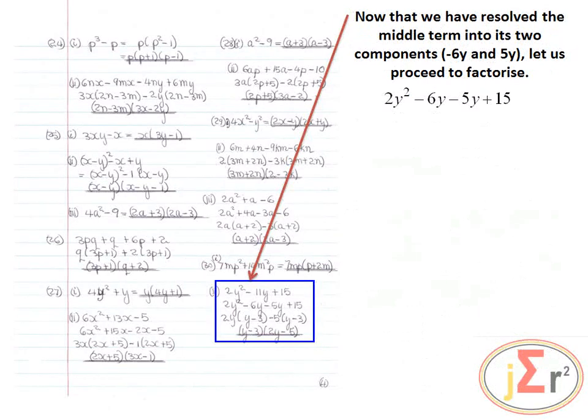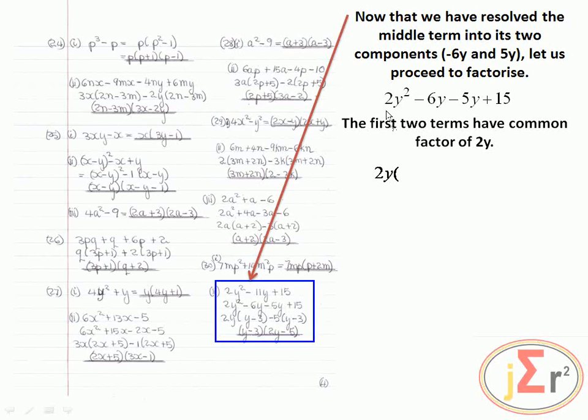Now that we have resolved the middle term into its two components, a negative 6y and a positive 5y, let us proceed to factorize. The first two terms have a common factor of 2y. 2y into 2y squared, the 2's are gone.